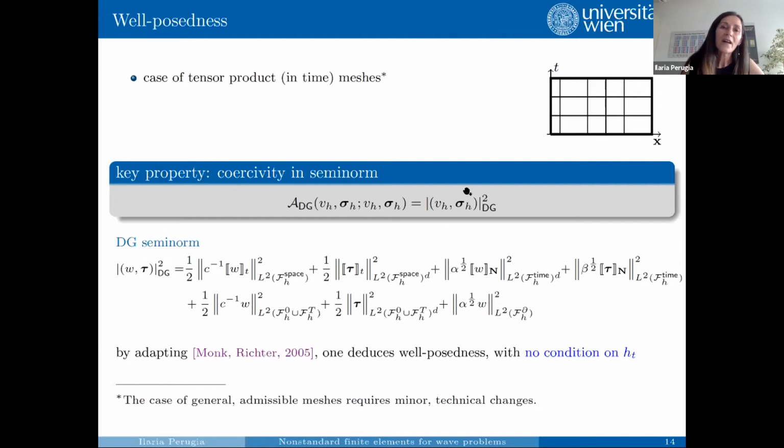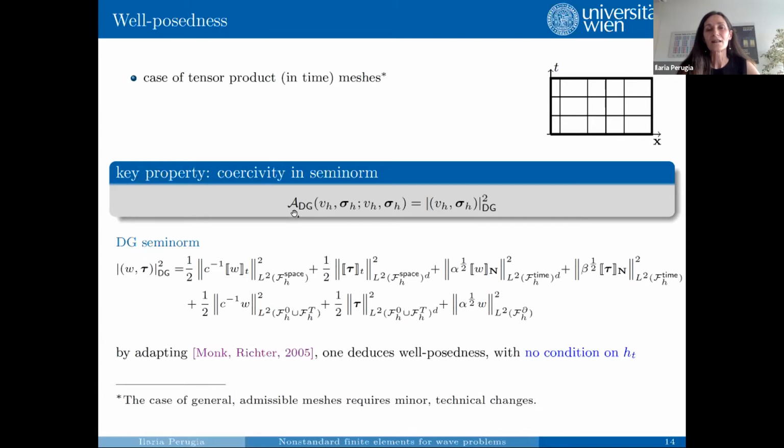I define this semi-norm as something that only contains jumps of my discrete solution across inter-element boundaries, so across the mesh interfaces or traces. This is only a semi-norm, not a full norm, because if it is 0, you don't necessarily have the zero function. You just have that the jumps are 0 and the traces are 0.